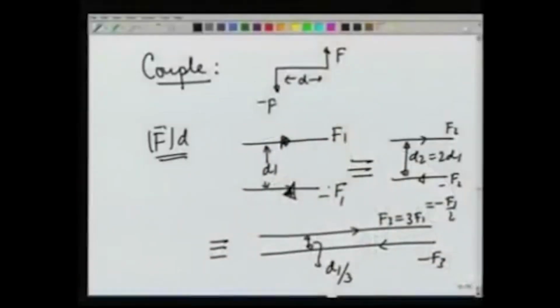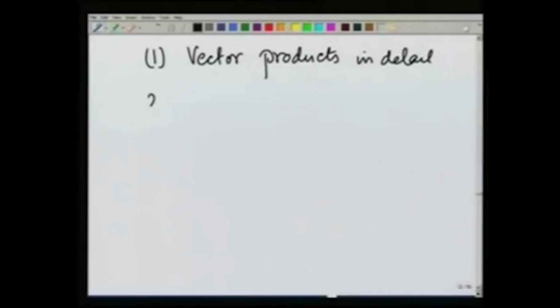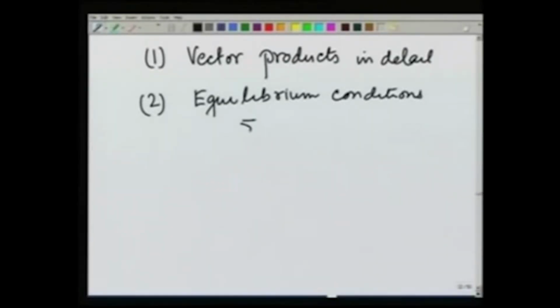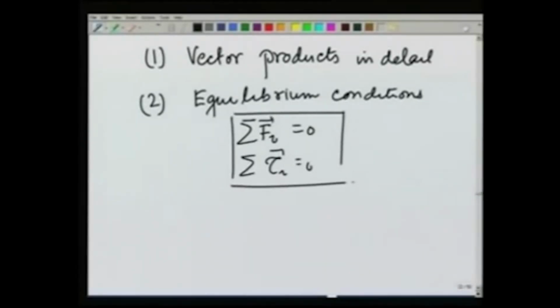So, let me just recap what we did in this lecture. One, we looked at vector products in detail. Then we looked at equilibrium conditions and found that the summation of F i equal to 0 and the summation of torque i equal to 0 are both necessary and sufficient conditions to ensure equilibrium.